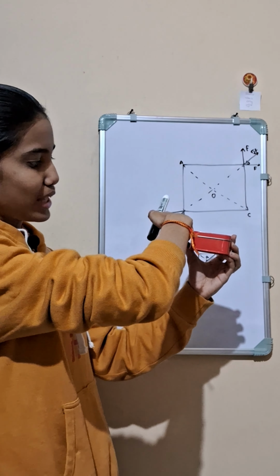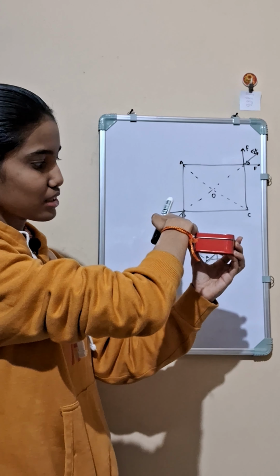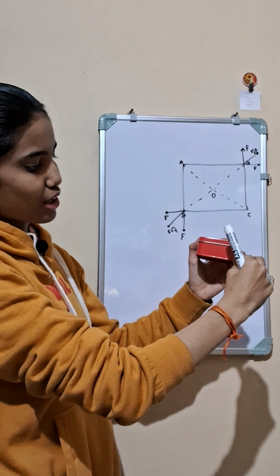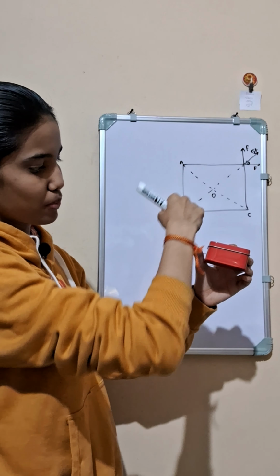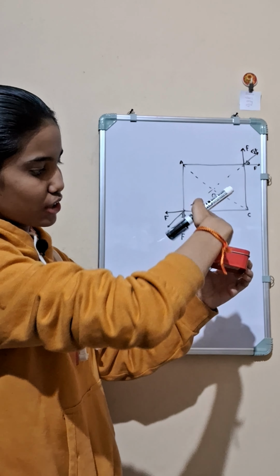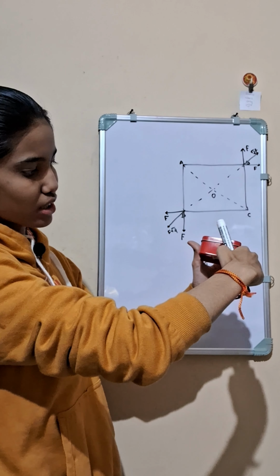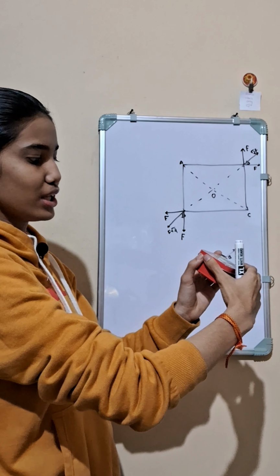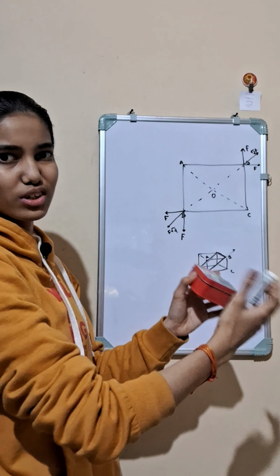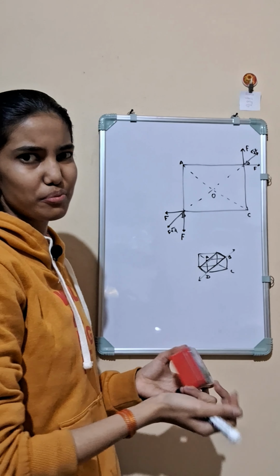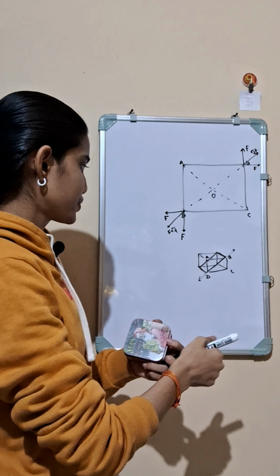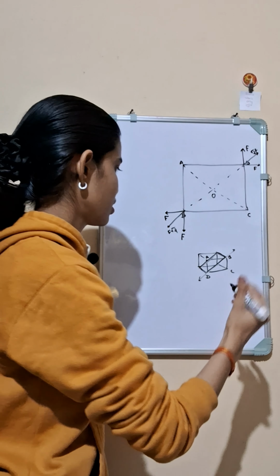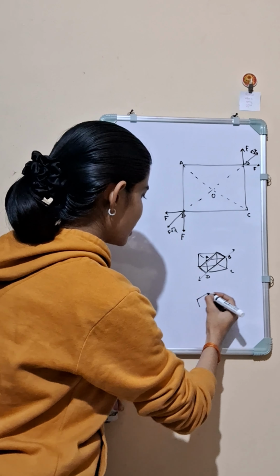If I put a blade at this angle and take it out from this side, it will cut along this direction and come out from this side. Then I will have something triangular, pyramidal in shape, and I can draw it something like this.